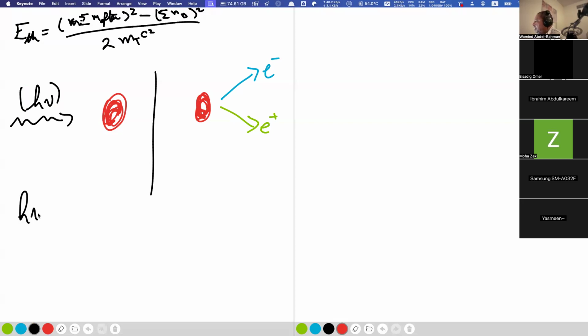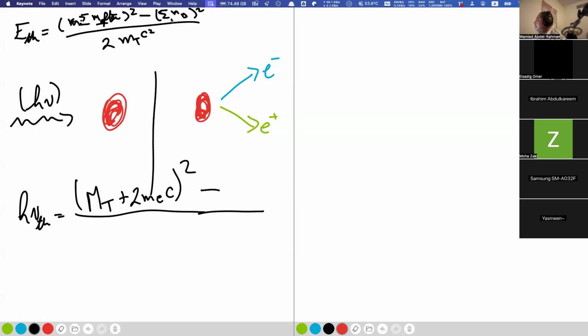So this is the energy of the photon threshold, equal to the mass of the particles after, whatever we have in the system after. So we have here the mass of the target plus 2mEc squared. These are the masses of the two. And then this is the square, minus, before the interaction, the photon does not have a mass. So here we have the M of the target squared.